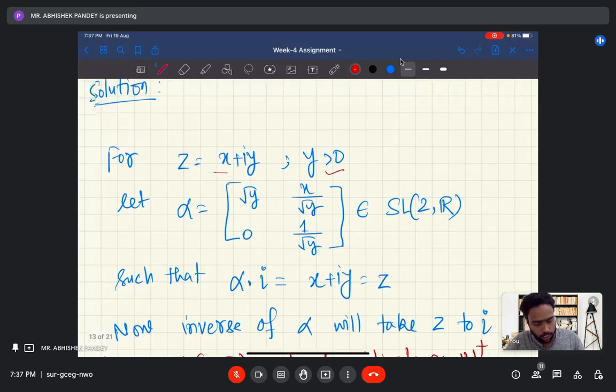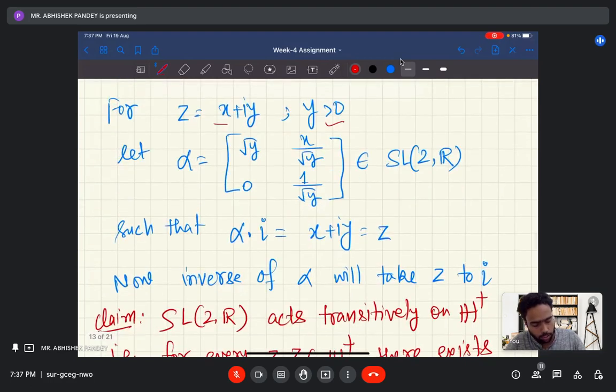You can check alpha·i is (i root y plus x/root y) upon (1/root y), so this will be x plus iy.